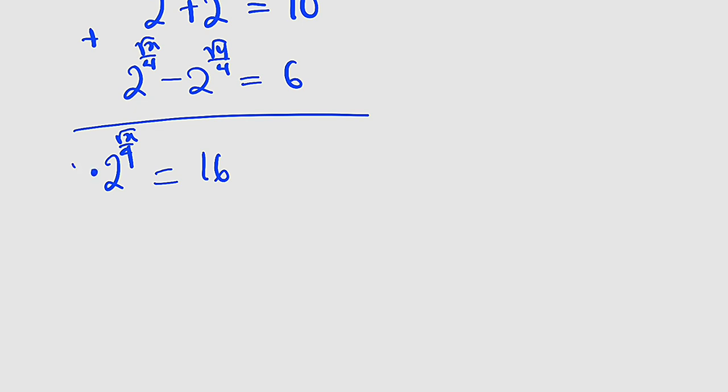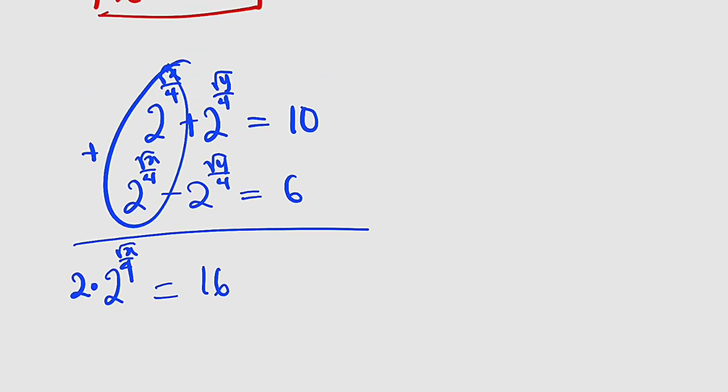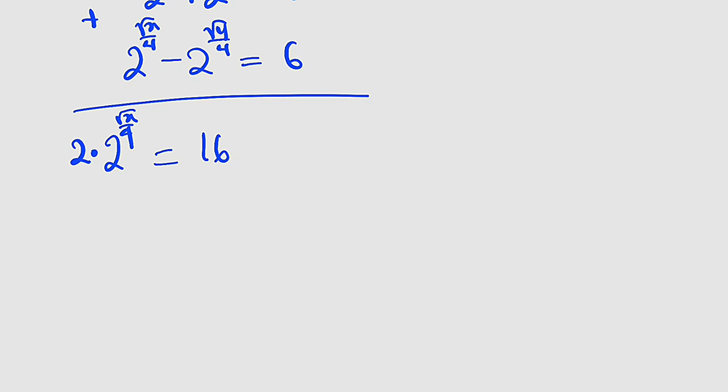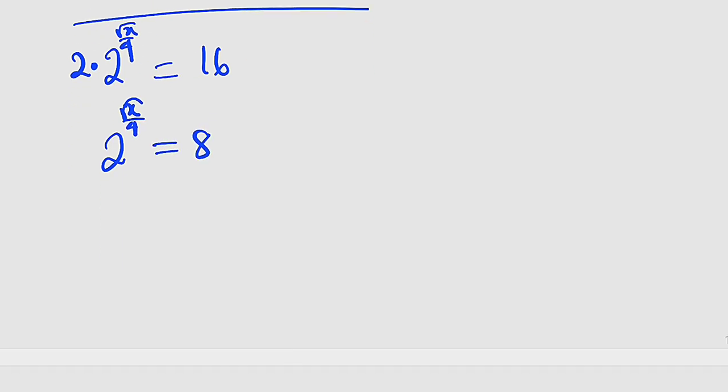Oh, this is two quantities, sorry. This plus this is 2 of 2 to the power of square root of x divided by 4. We can divide both sides by 2, so that we have 2 raised to the power of square root of x divided by 4 on the left, and this is equal to 16 divided by 2, which is 8. And 8 can be expressed as 2 to the power of 3. So 2 raised to the power of square root of x divided by 4 is equal to 2 raised to the power of 3.